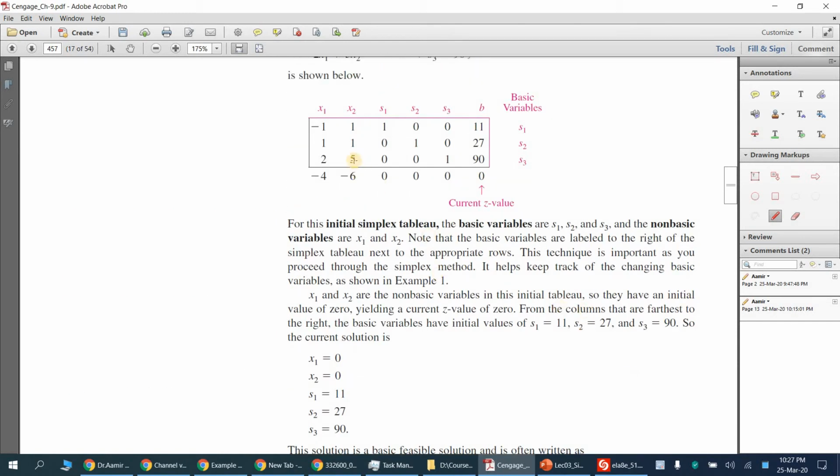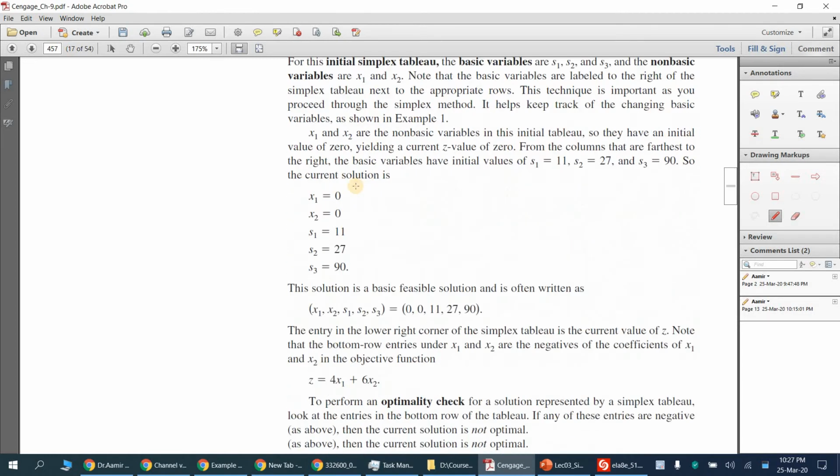In this case, x2 is your entering variable because its coefficient in the z entry is -6. So this is the entering variable.